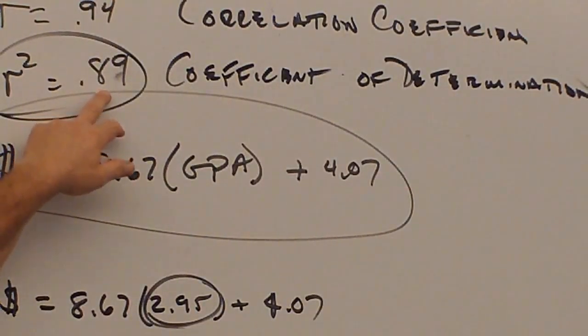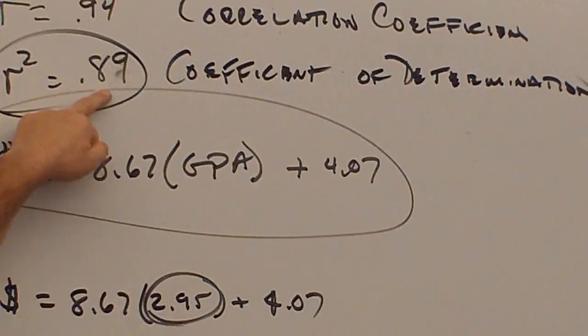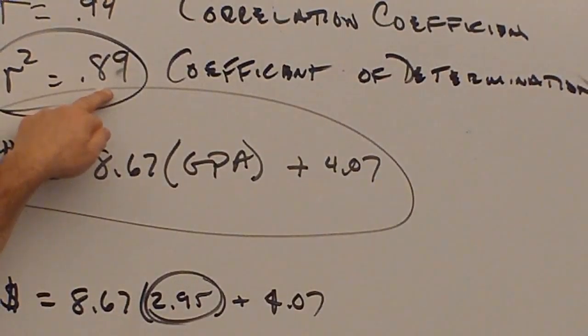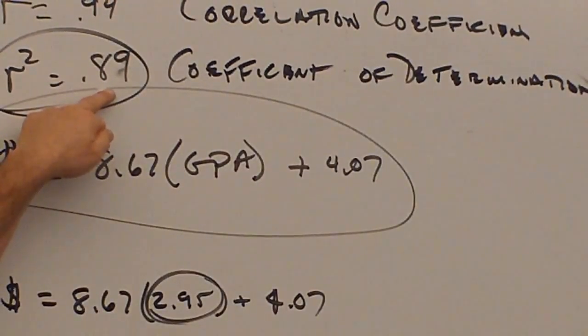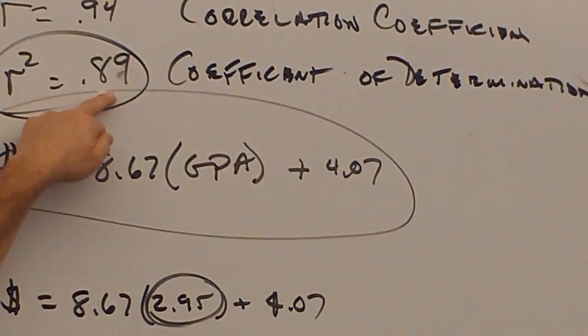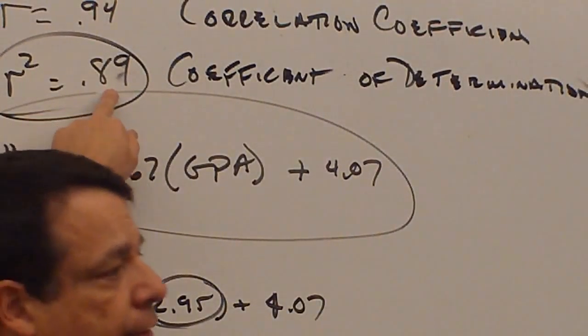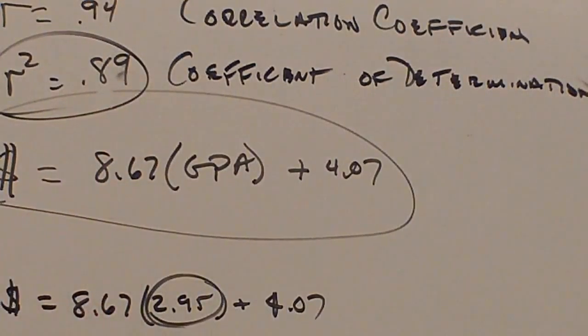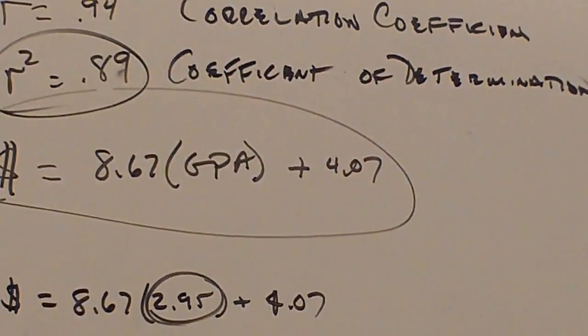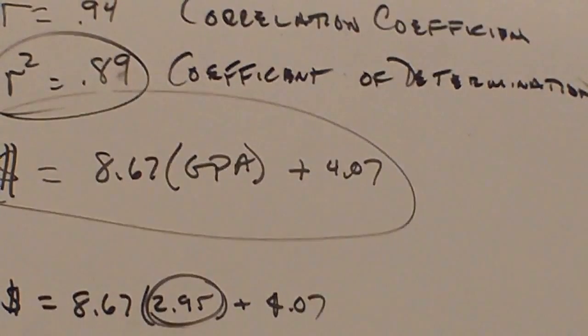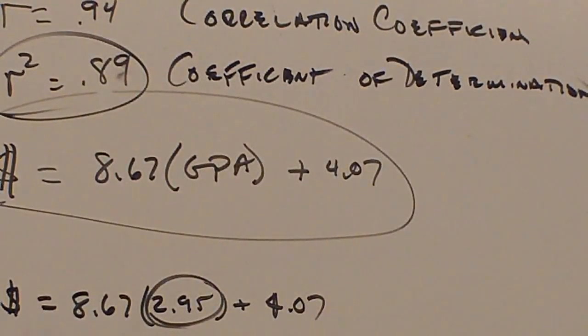Answer to E: 89% of the variability in salaries is explained by your grade point average. That's what the calculator gives. That's your R squared. R squared and coefficient of determination are the same.